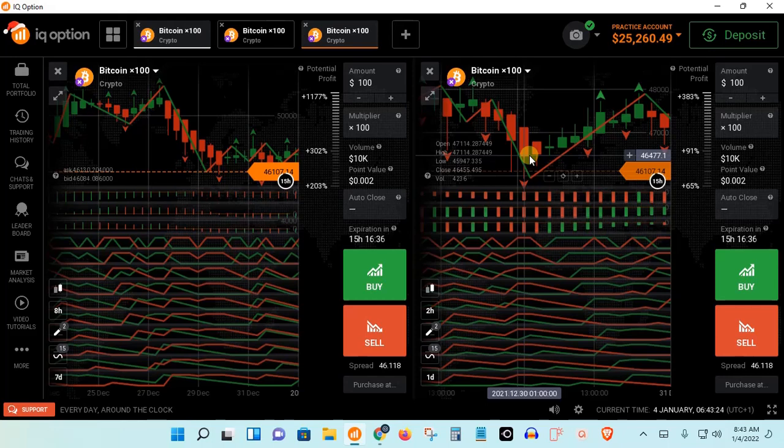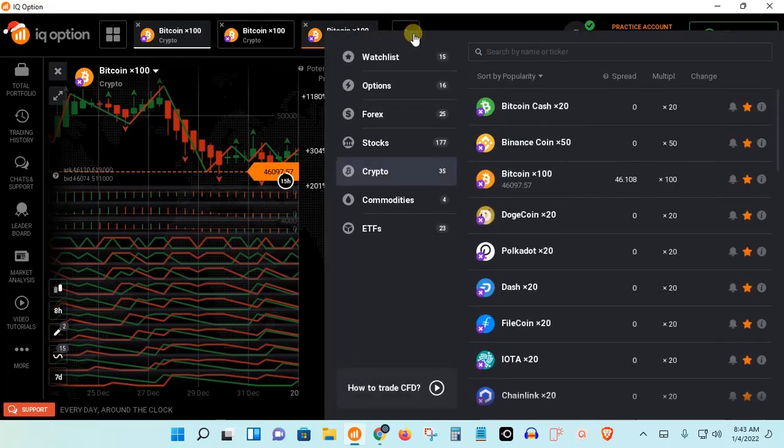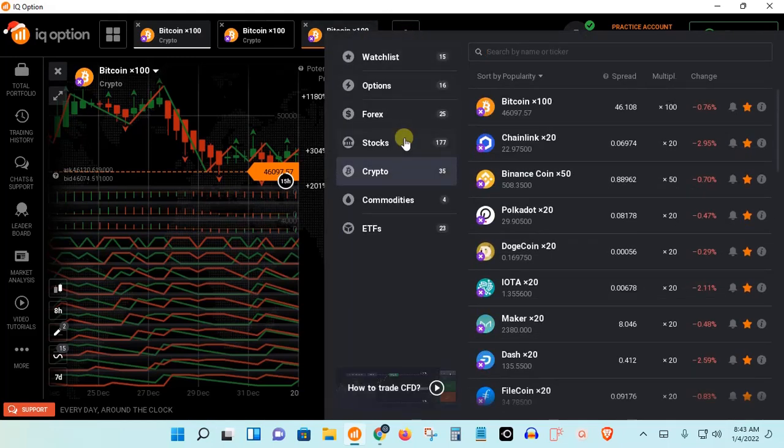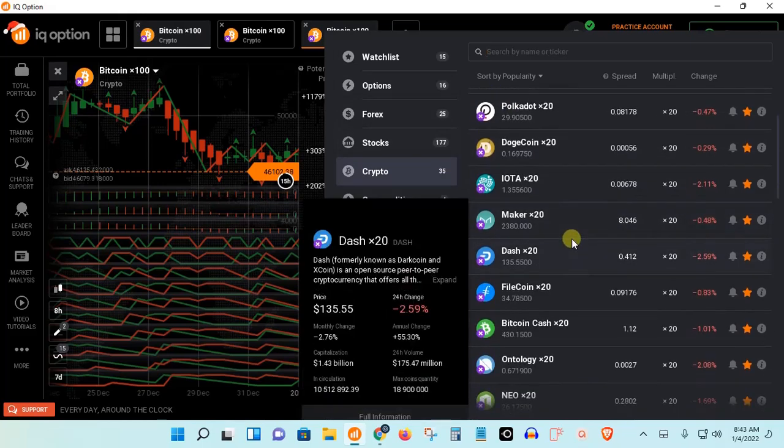So maybe the other concept that I can talk about that you have to consider before entering a trend is the spread. You have to look at the coin that you're working in. Probably working in some other coins, like Binance, Polkadot, Dogecoin, Maker, Dash, the ones that are times 20, Filecoin and Bitcoin Cash, the actual times 20.